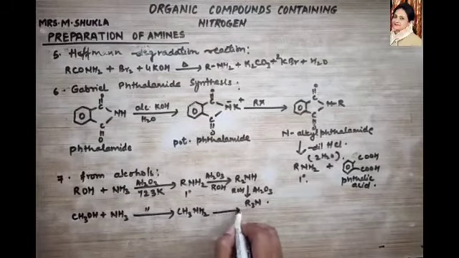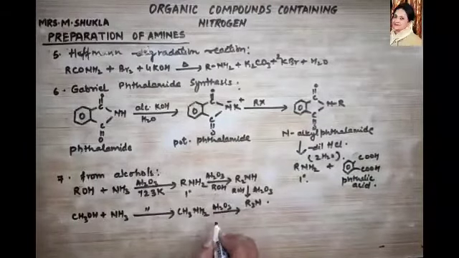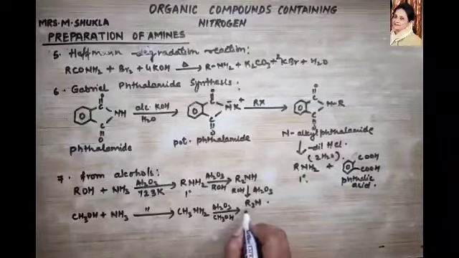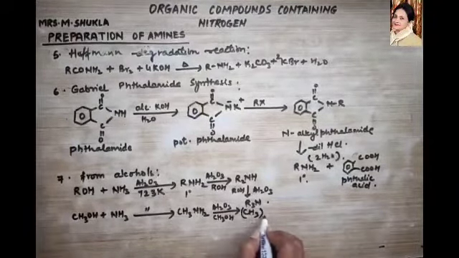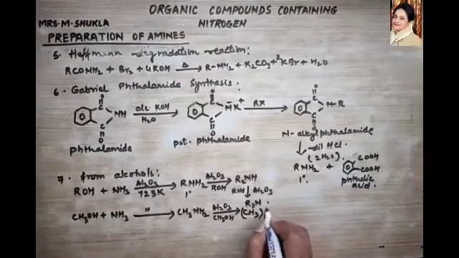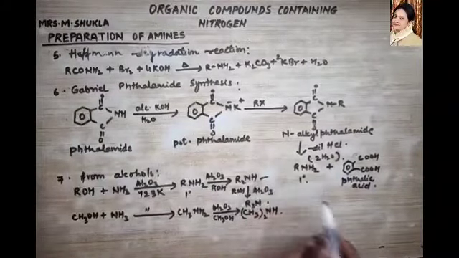And further, this is treated with more of alumina along with alcohol, that is CH3OH that we are using. What are we going to get? We will get (CH3)2NH.